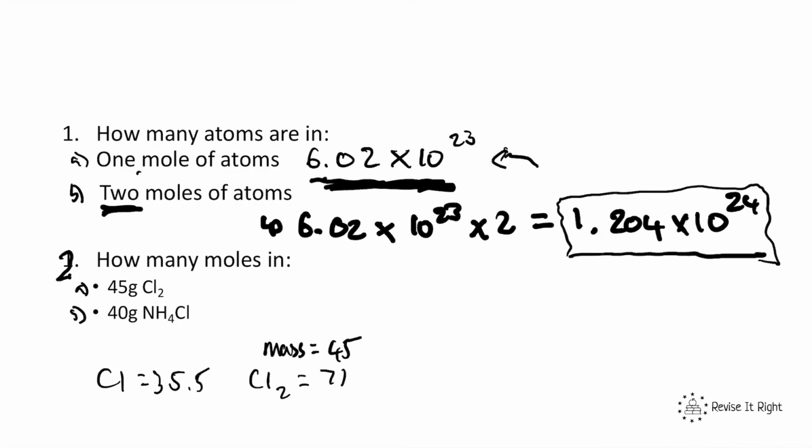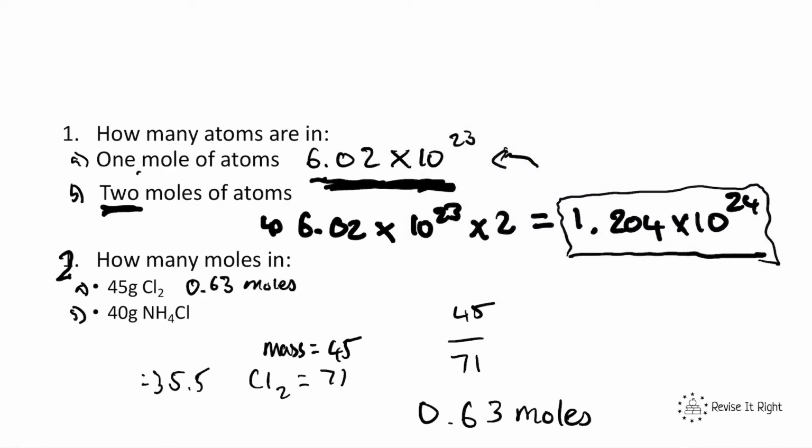Then you want to put into the equation mass, which is 45, divided by MR, which is 71. So you do 45 divided by 71, and you should have got 0.63 moles as your answer for that. So 0.63 moles. And for this second one here, let me just rub out my working over here to make it a bit clearer.